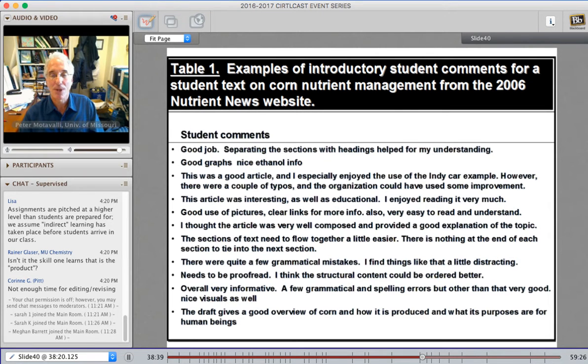But throughout the time I've done this, the students have been very good about being constructive in their comments, and I also coach them a little bit about making sure that they do that. That's going to be very important, so it doesn't end up being very, very critical in a negative way. So this is an important part of it. But in general, they were very sound comments, ones that I thought were very constructive.